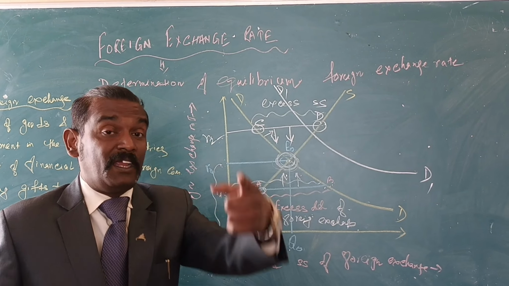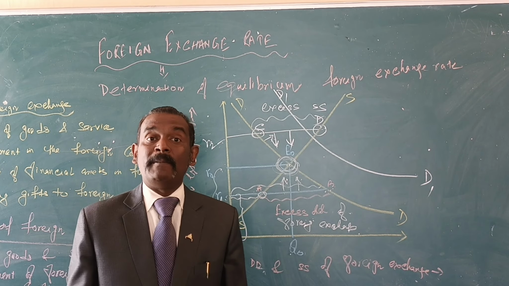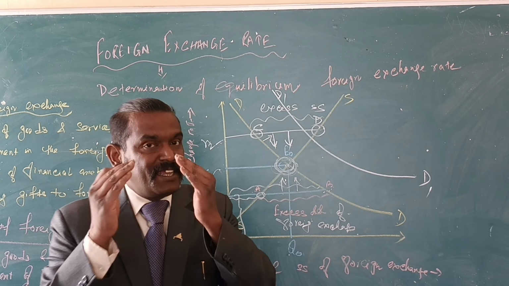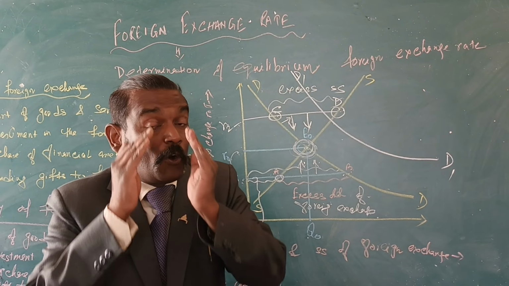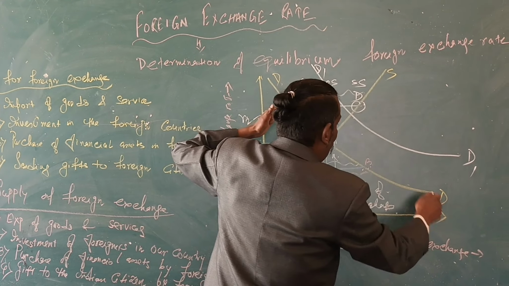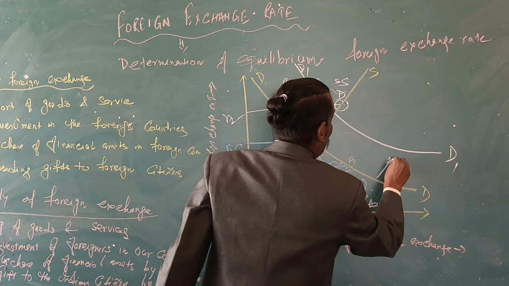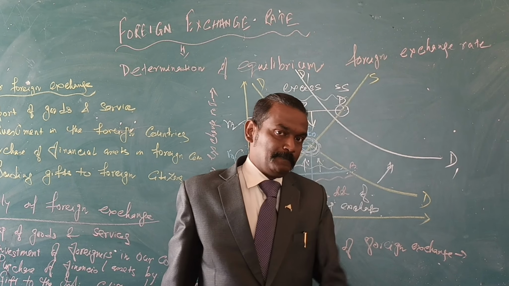I will explain it once more: if there is a deficit in the balance of payment, there will be excess demand for the foreign currencies at the given foreign exchange rate. So the whole demand curve DD will shift in the rightward direction to D1.